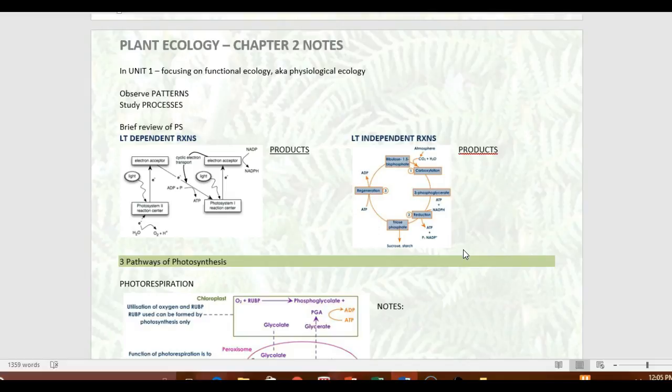PGA is a 3 carbon molecule, so we call this pathway the C3 pathway.